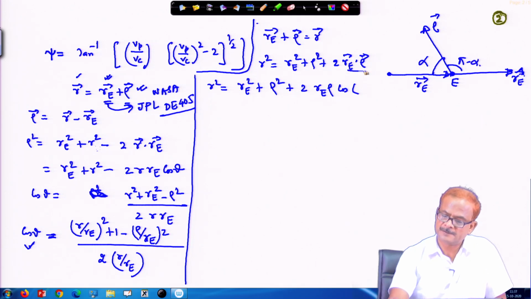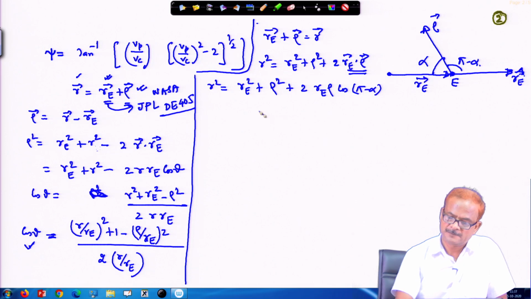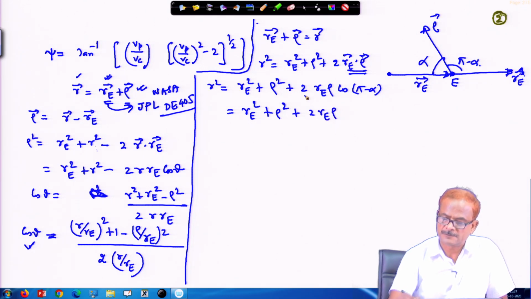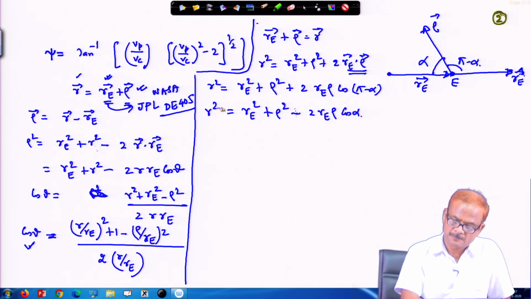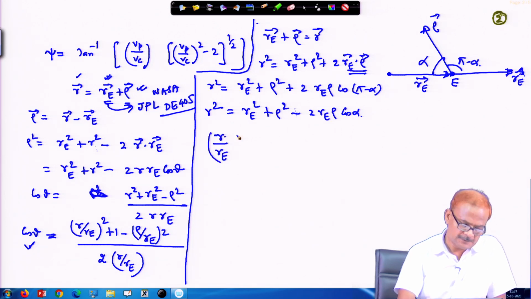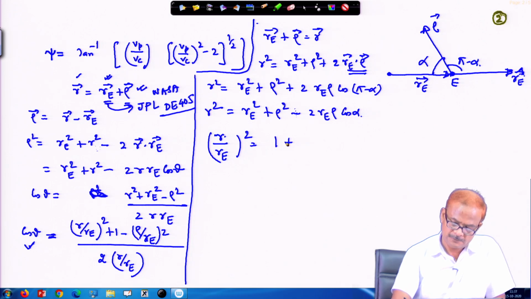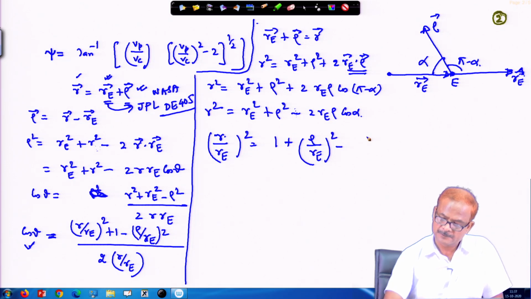So, the angle between the Re and the rho vector is phi minus alpha, and this gives you Re square, rho square plus 2 Re rho times, here this will be minus, and therefore, from this place R by Re square, rho by Re square minus 2 cos alpha.